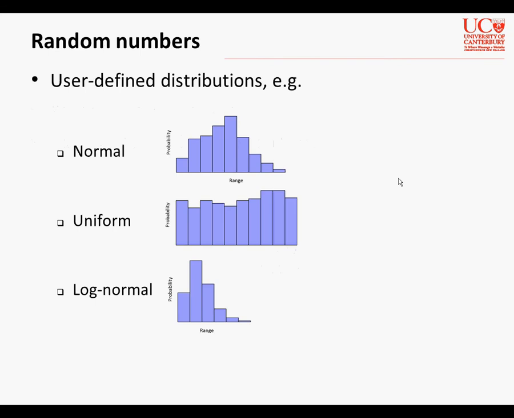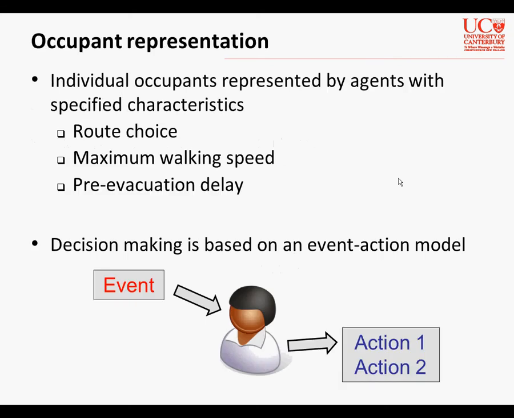The evacuations model allows users to specify a range of different distributions for a number of inputs. Distributions include the normal, uniform, and log normal distribution. Occupants are represented by agents with specific characteristics. These characteristics will be their route choice, their maximum uncongested walking speed, and their pre-evacuation delay.